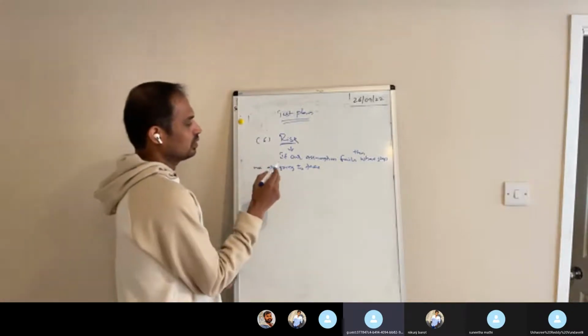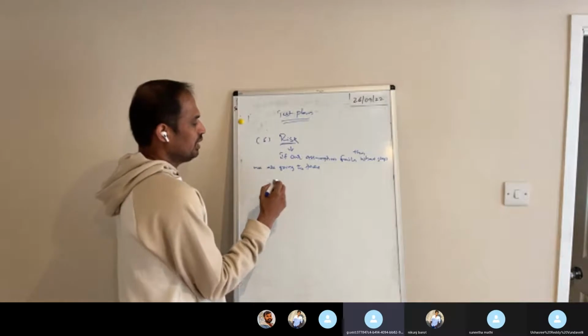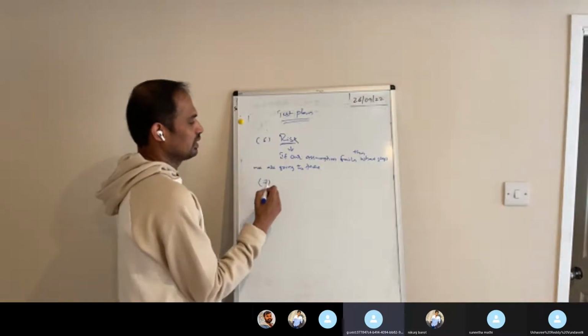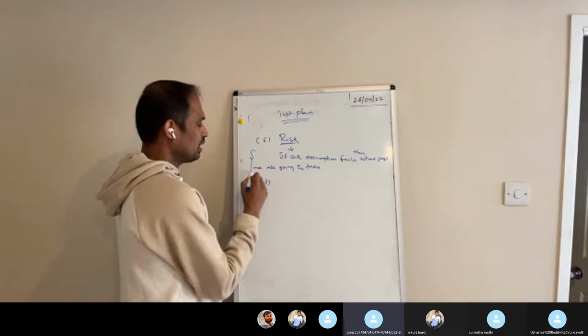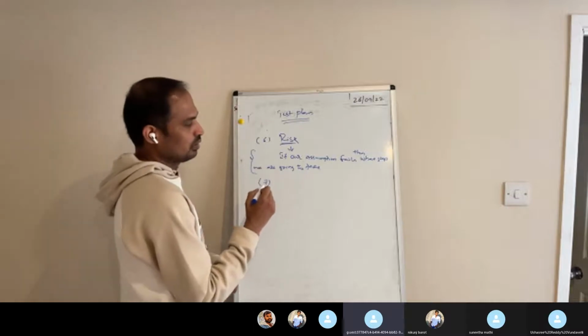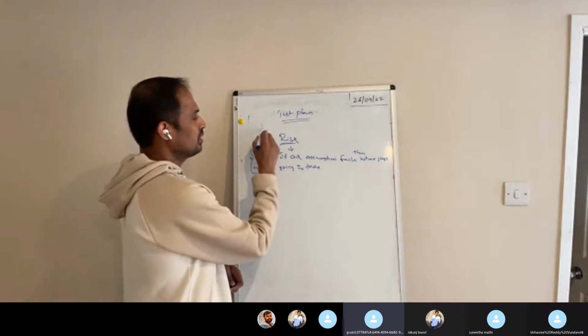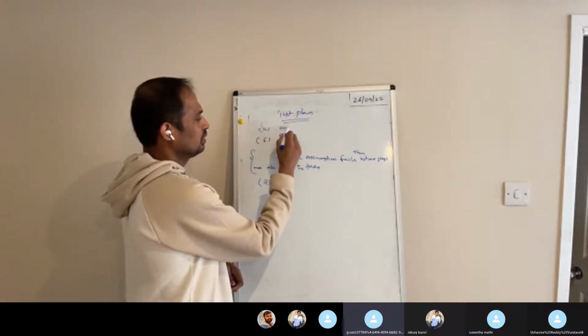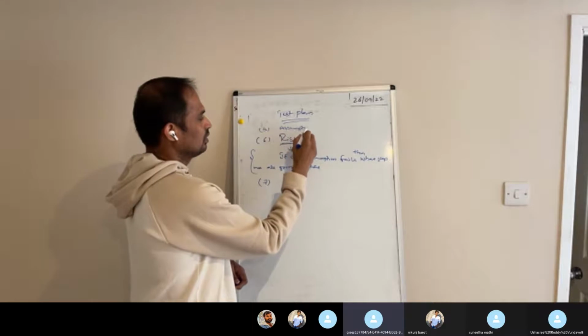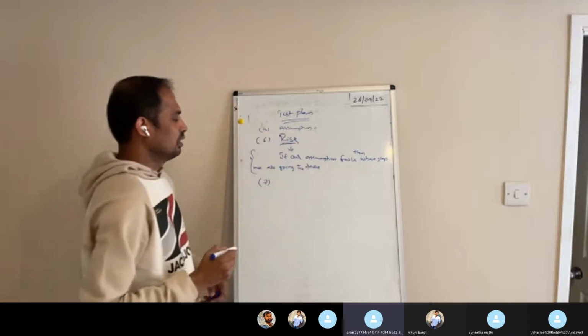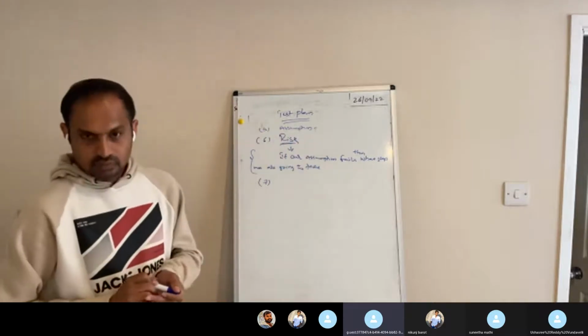If assumption fails, then risk will be involved. This is about risk, which follows the fifth step, assumption. Okay, next, the seventh one.